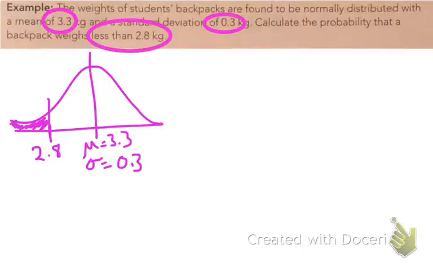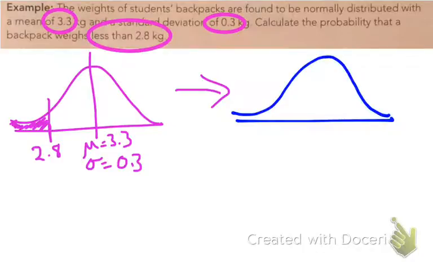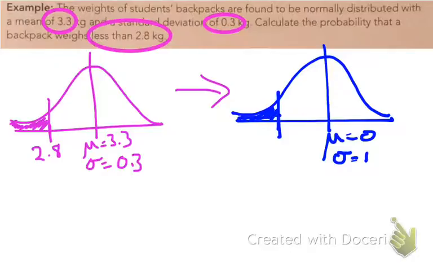Now this is where we've got to think about the symmetry of the curve quite carefully. When we turn this into a standard normal distribution with a mean of 0 and standard deviation of 1, we're going to find the z value, so that little tail area is exactly the same size. Our x and our z distributions have the same tail area.